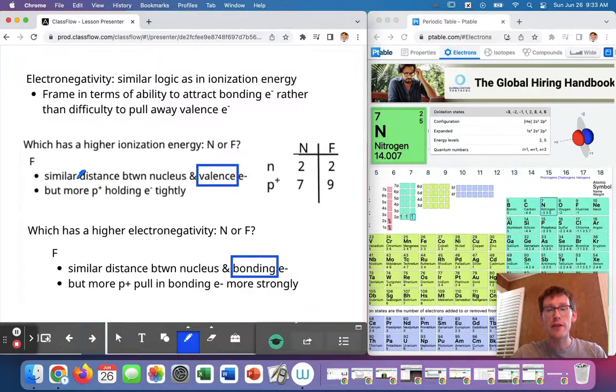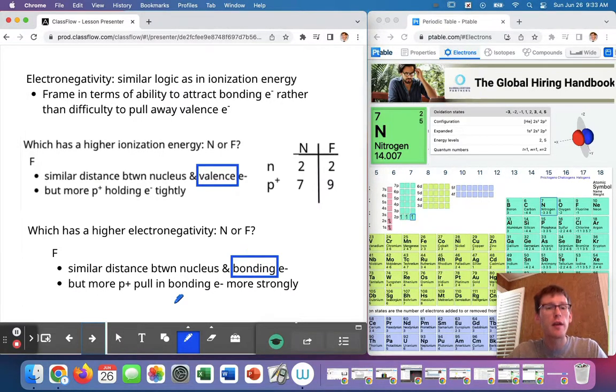In the case of electronegativity, it's not about the nuclear attraction to the valence electrons, it's about the nuclear attraction to the bonding electrons between, say, a nitrogen atom and something else, or a fluorine atom and the same other thing. So what we can say is that for fluorine and nitrogen in terms of electronegativity, they both have a similar distance between the nucleus and the bonding electrons because their radii are kind of similar.